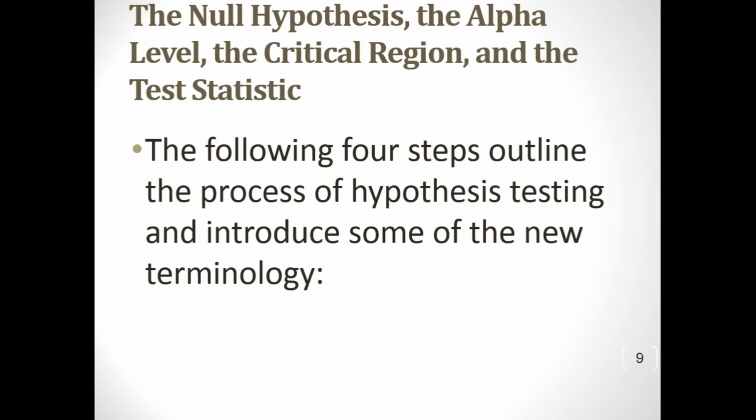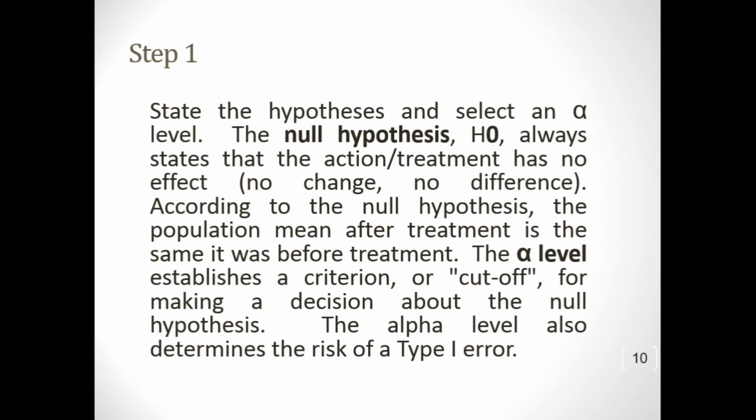The first step in hypothesis testing is to state the hypothesis and select an alpha level. The null hypothesis H0 always states that the action or treatment has no effect.